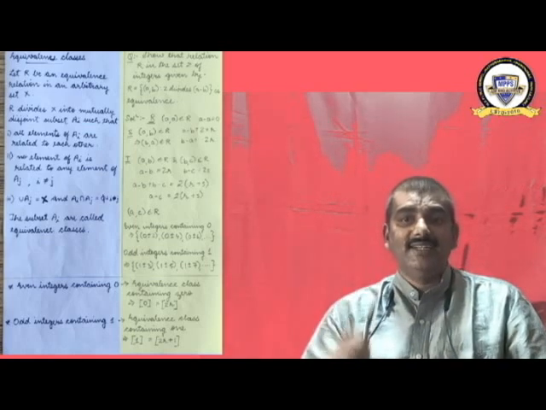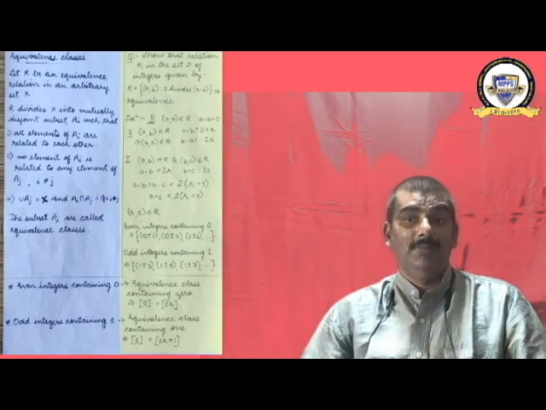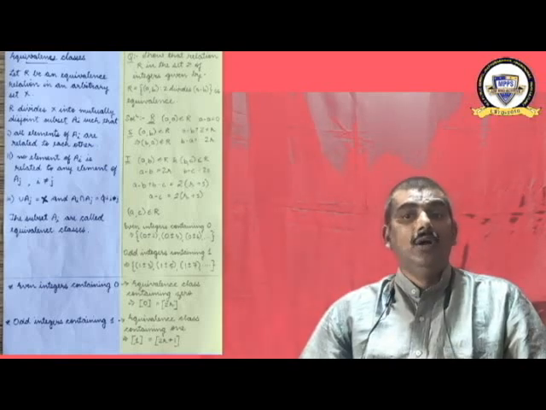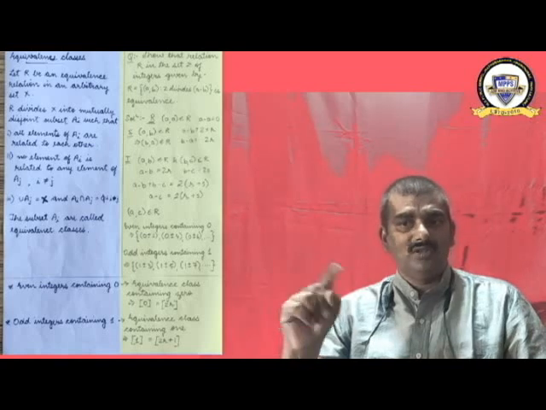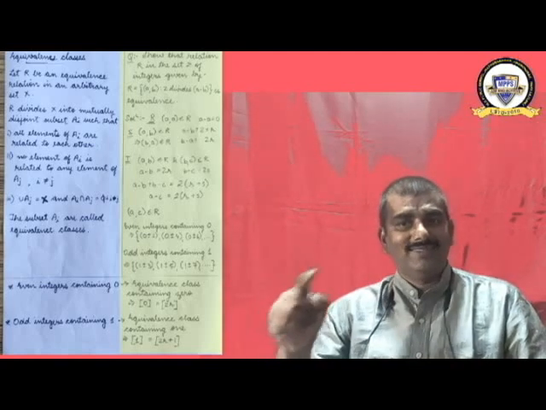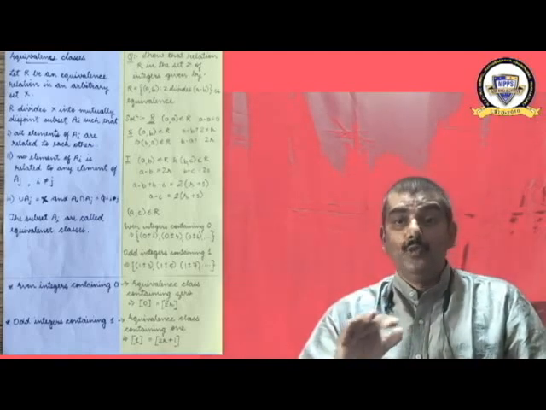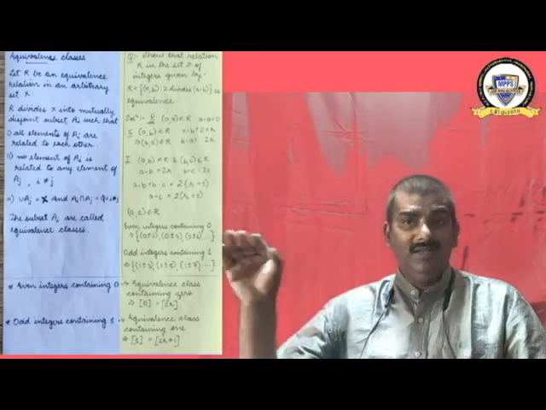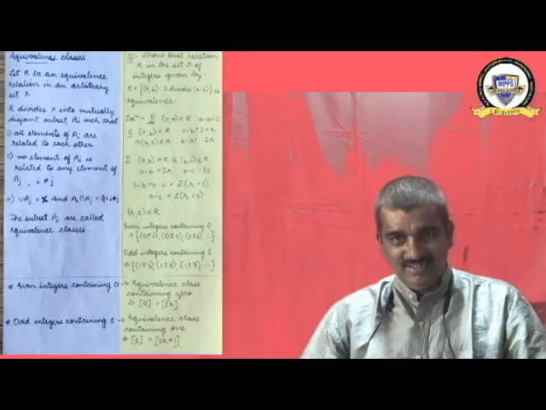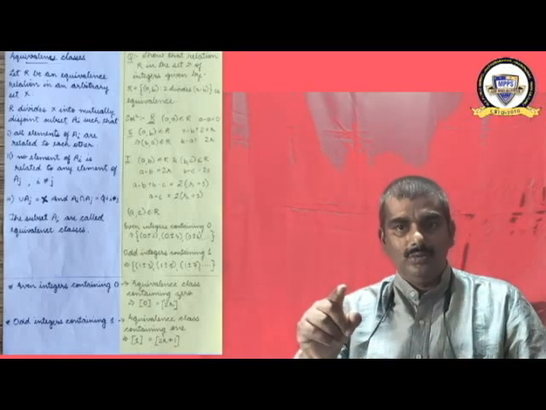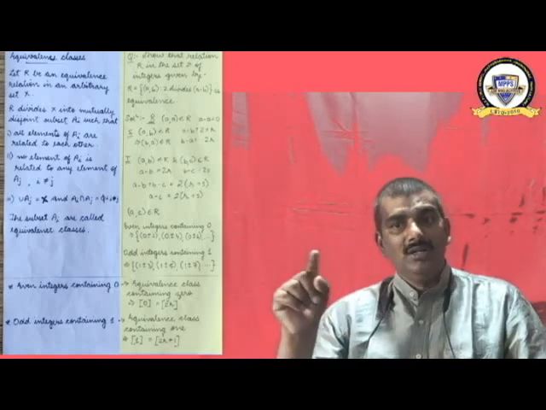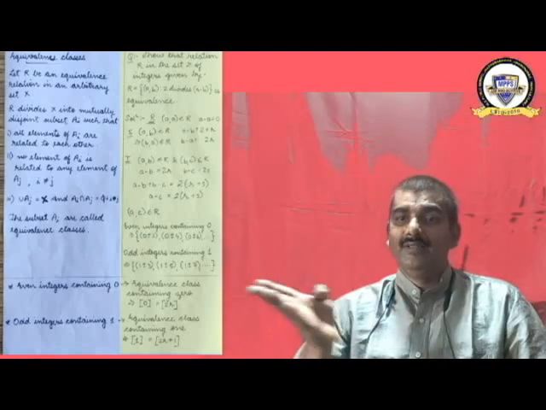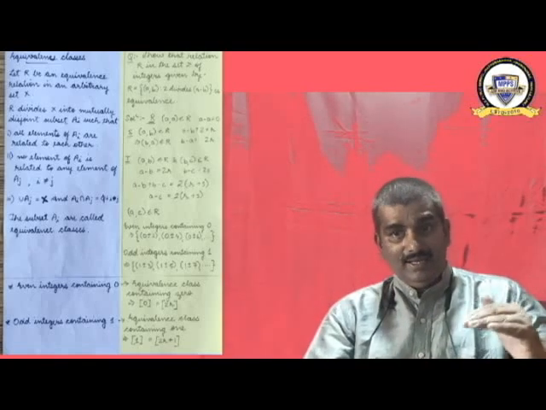What will be the ordered pairs? 0 plus 2, 0 minus 2, 0 plus 4, 0 minus 4, 0 plus 6, 0 minus 6. Like that you will get a huge number of integers you want to consider. That will be the first category.